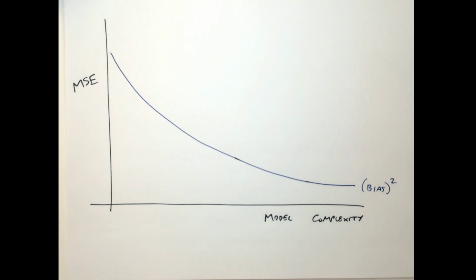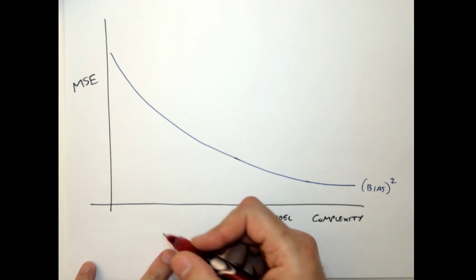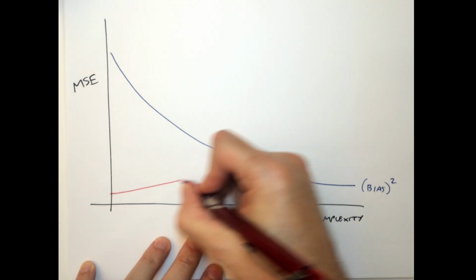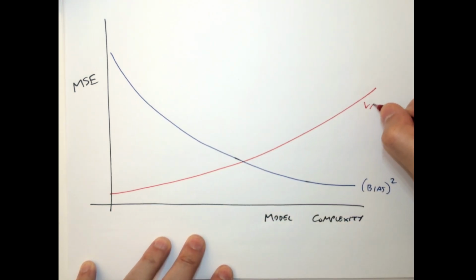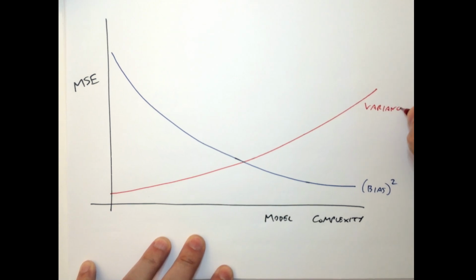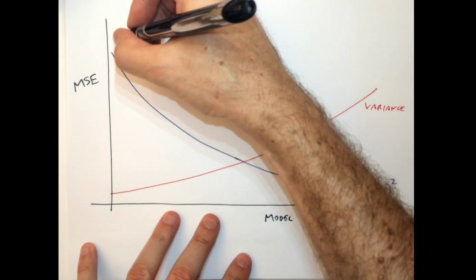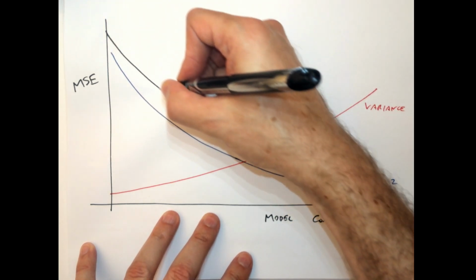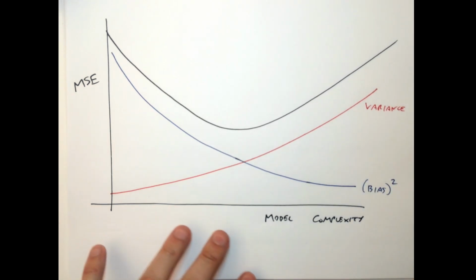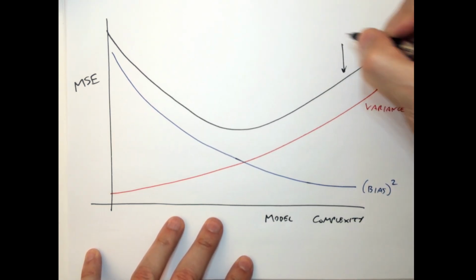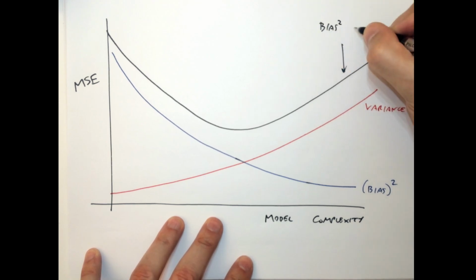As the model gets more complex and there are more parameters to fit, the variance gets higher. And the mean squared error you can think of as the sum of these terms, the bias squared plus variance.